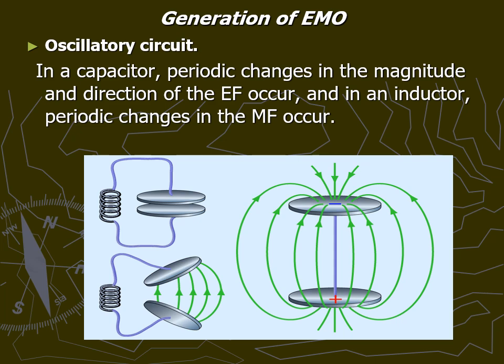We also need an oscillatory circuit in which the oscillations propagate in space. Therefore, in order to achieve the propagation of oscillations in space so that they can be used, we need to separate the capacitor plates and reduce the number of turns of the coil.